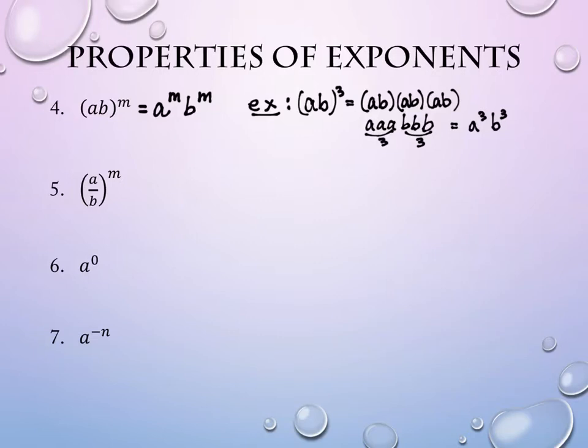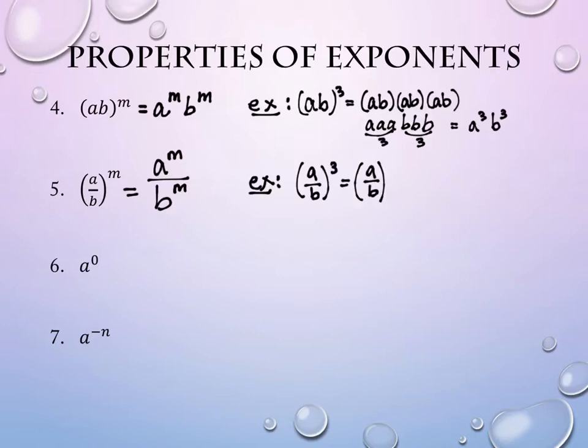I actually think that the 5th rule looks even cleaner with this idea. We can distribute, again, that power of m through. And we'll use that power of 3 again as my example. So we have a over b cubed. So this means a over b times a over b times a over b.